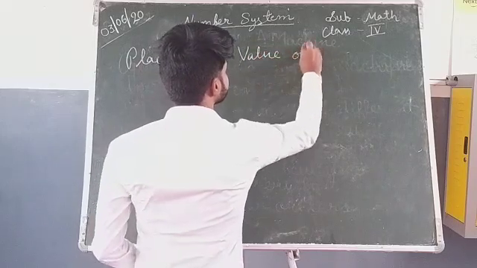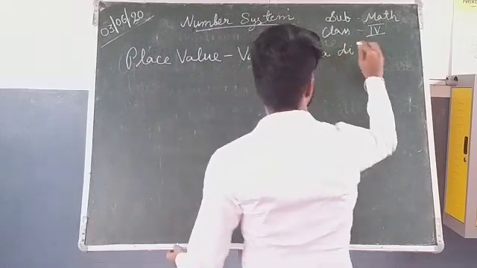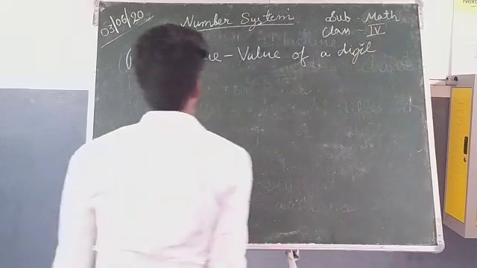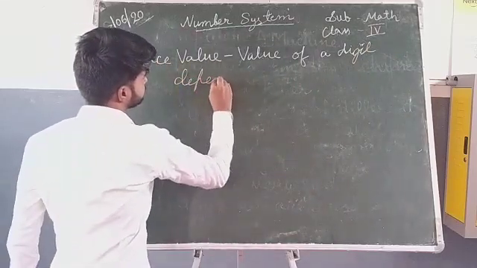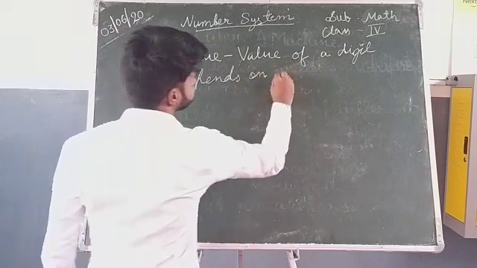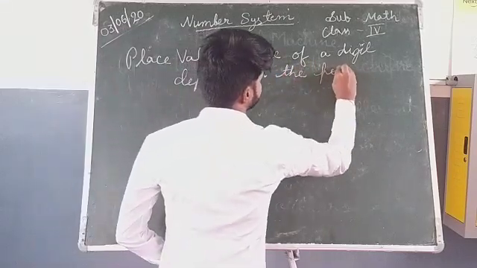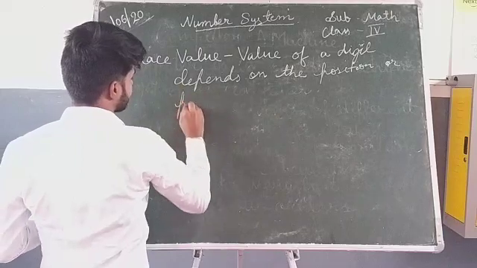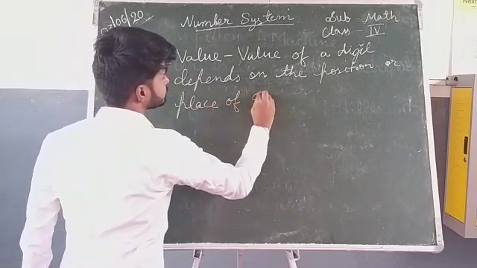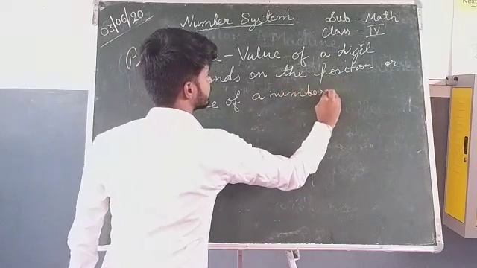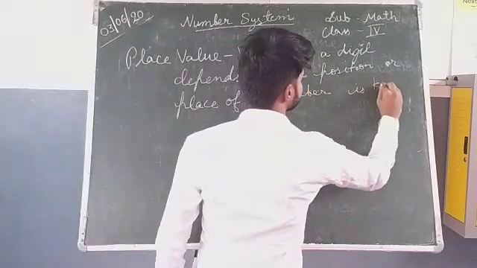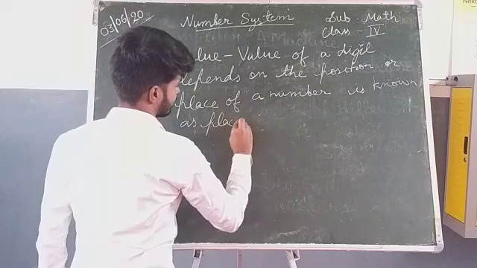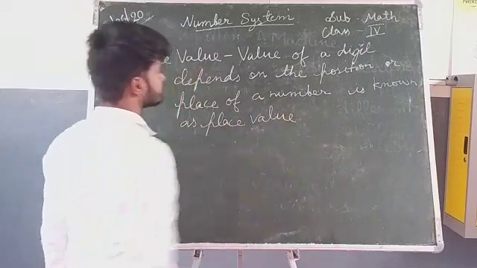Value of a digit depends on the position or place of a number is known as place value.